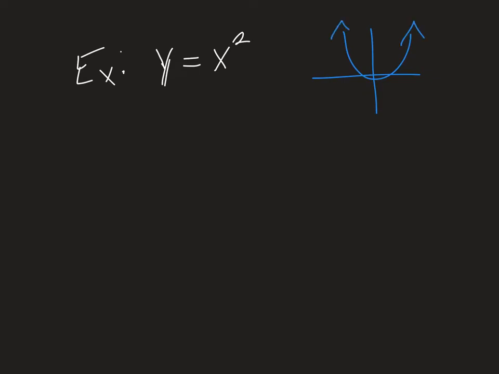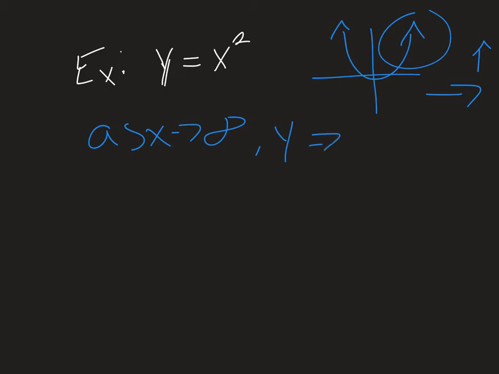Looks something like this. So if I'm thinking about it, as x approaches positive infinity, my y values, so I'm just looking at the positive side here, as I go out, well, it's going to go up, which means that y approaches positive infinity. And this arrow is just a shorthand in mathematics for approaches, meaning that y will tend towards infinity.